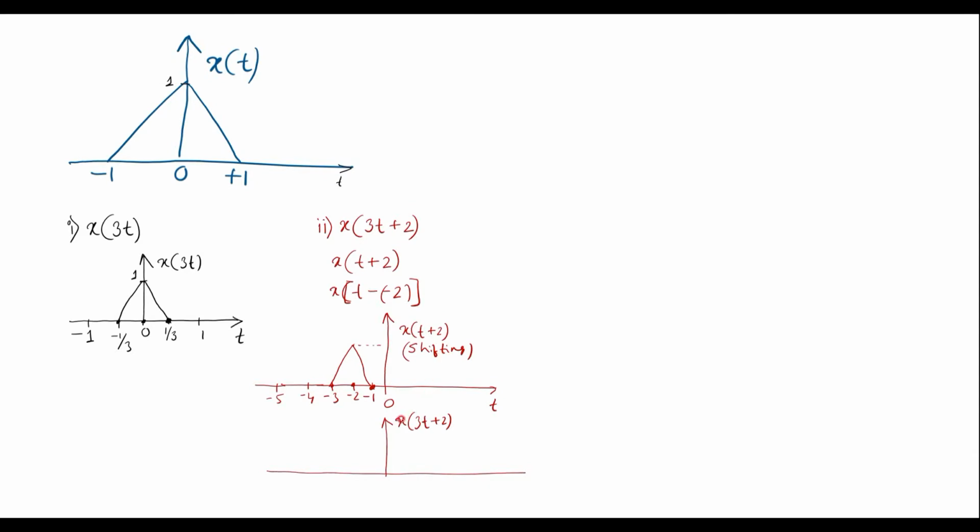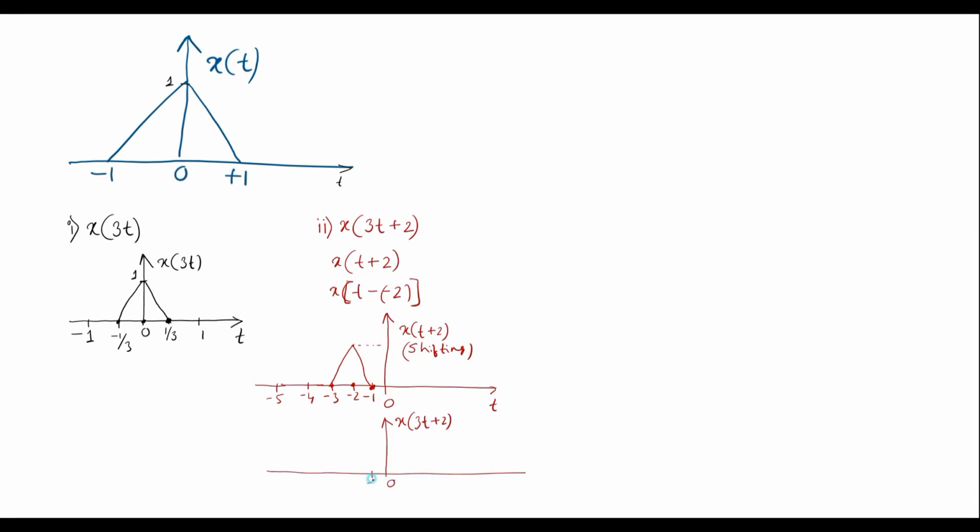Now this signal is scaled by factor 3. That is, we have to divide each time period by 3. So this point will appear at minus 1 by 3. This will appear at minus 2 by 3. And this will appear at minus 3 by 3, that is minus 1. So let it be 0.